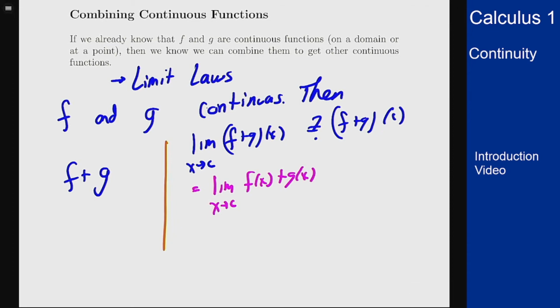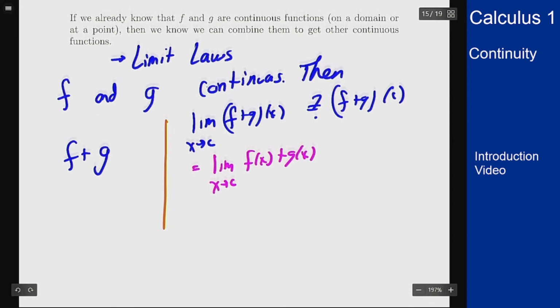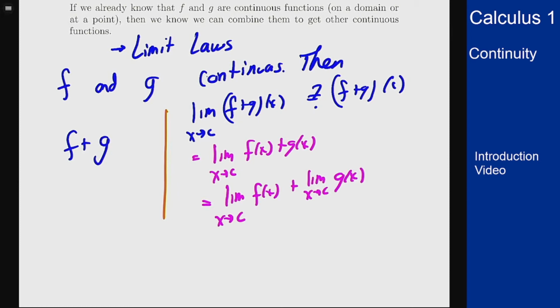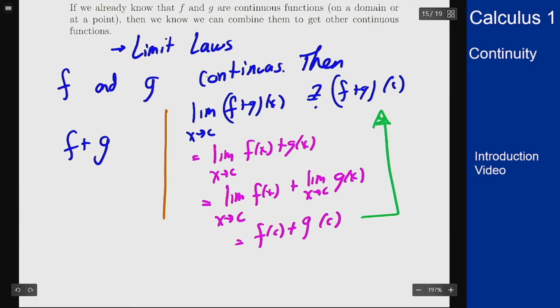By my limit laws, I can split that f(x) plus g(x) into two separate limits. Since f and g are both continuous, this is just f(c) plus g(c), which is the exact same thing as (f plus g)(c). So we're using the fact that f and g are continuous to get this step, and our limit laws get us from here to here. Limit laws plus assumptions on continuous functions give us this result.